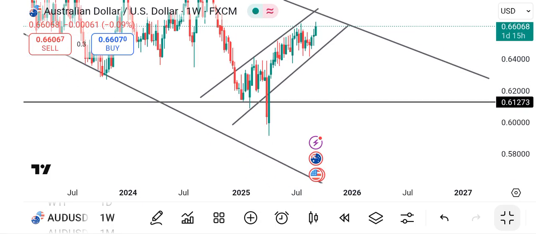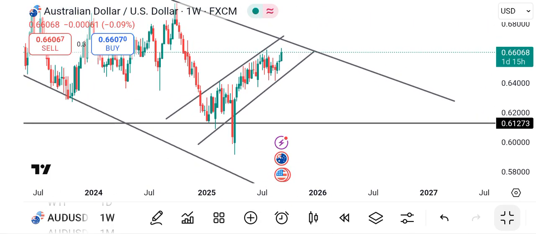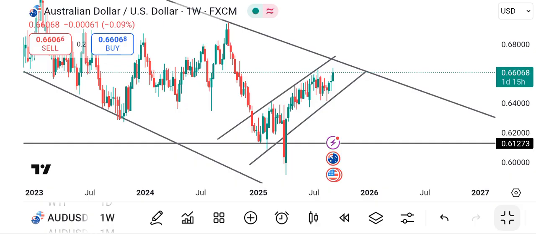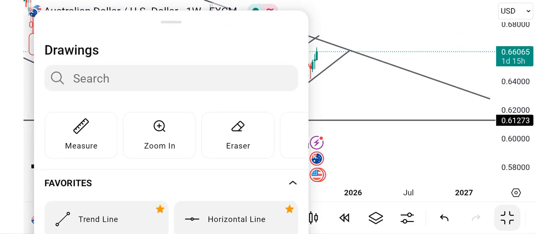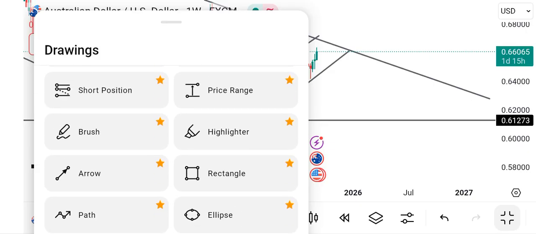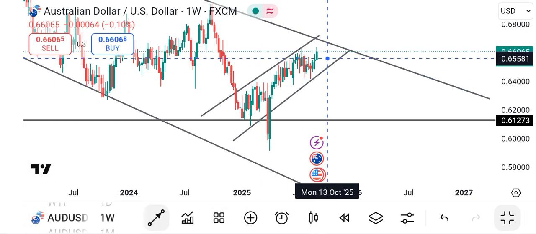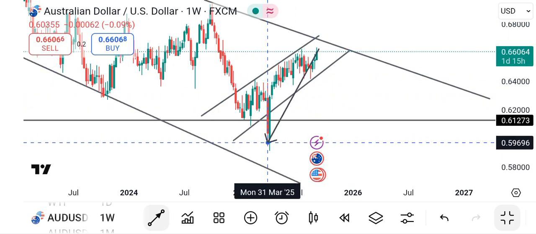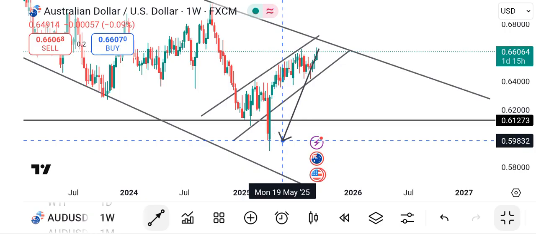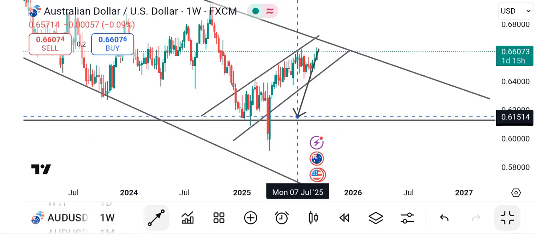You can see this formation. From the weekly standpoint, this is a bearish formation. Ideally, the market is supposed to come and do something like this, break below here, and continue to put in at least another equal low somewhere here or here.